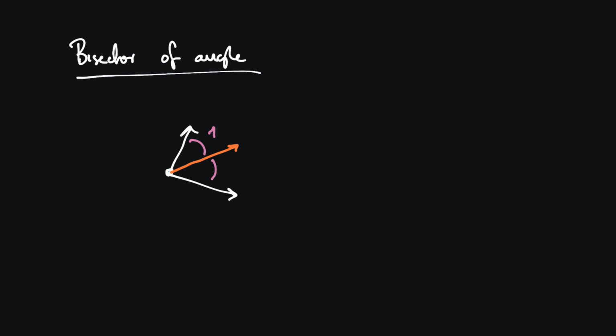So a bisector of an angle is going to be a ray, a line segment, or a line that divides the angle into two equal parts, where angle 1 is congruent with angle 2. That's it. All right, that's the result of the bisector of an angle.